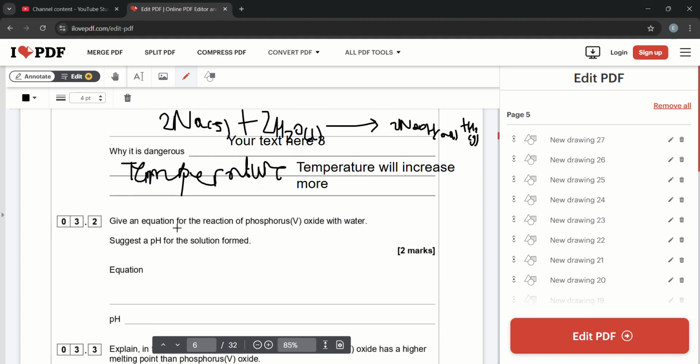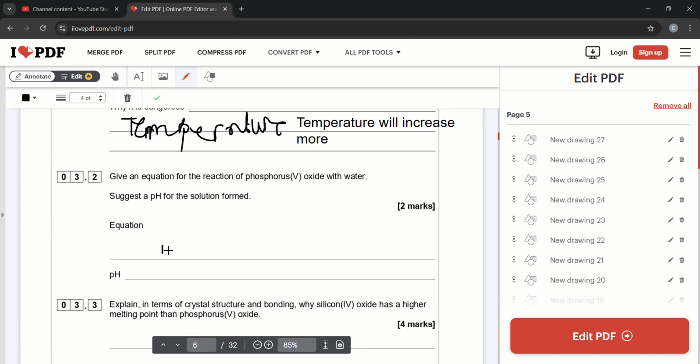And then it says give an equation for the reaction of phosphorus oxide with water. So phosphorus oxide P4O10 plus 6H2O arrow 4H3PO4. And again, this equation is in the textbook.